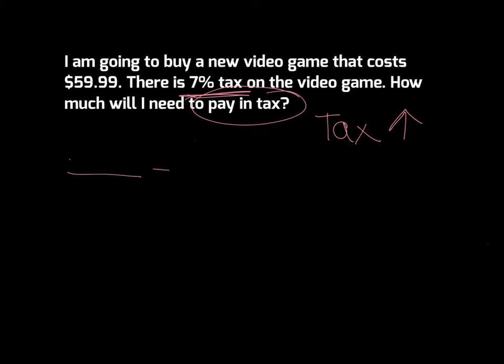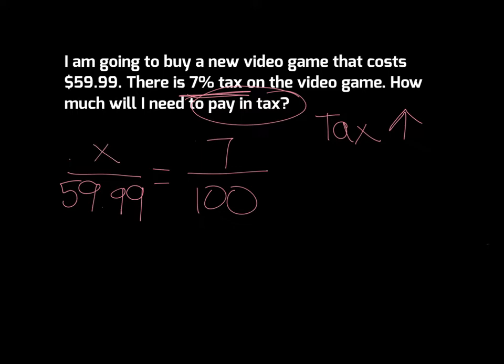So if I'm going to set up a proportion, I'm going to set it up where I have my 100 on the bottom and I know my percent is 7. The cost of the video game is actually going to be my whole, so it's going to go down at the bottom. And then up on top is going to be my X. It's going to be the part. The part is my amount of tax.